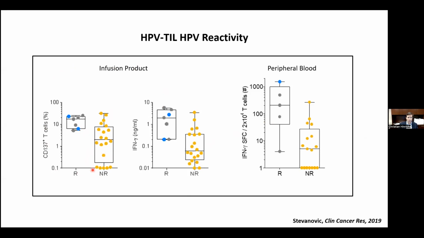And remarkably, patients who did not show good reactivity against the HPV oncoproteins did not respond to treatment. This was by both a 4-1BB upregulation assay and an interferon gamma release assay. And in peripheral blood, we saw the same thing following treatment. And this is an interferon gamma ELISPOT assay.